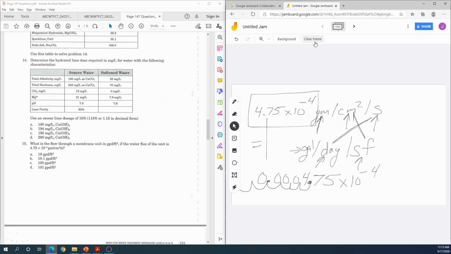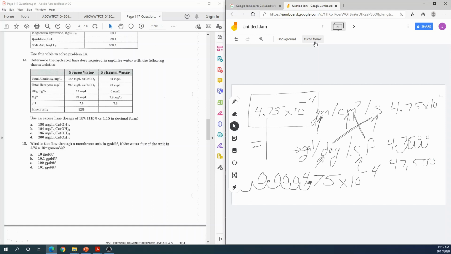So let's just look at that real quick. Let's just say, for example, it was 4.75 times 10 to the fourth. We would take the decimal place 4.75, move it 4 places to the right. 1, 2, 3, 4. So then that would actually be 47,500. That's the scientific notation.